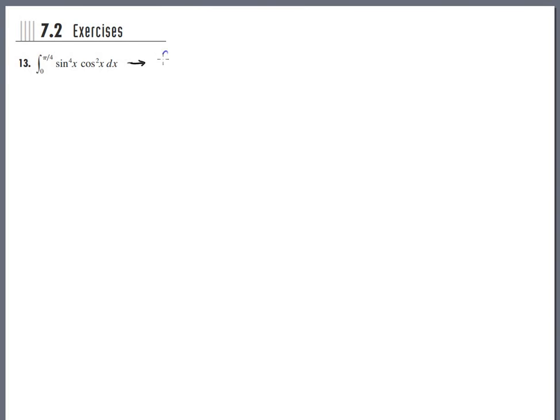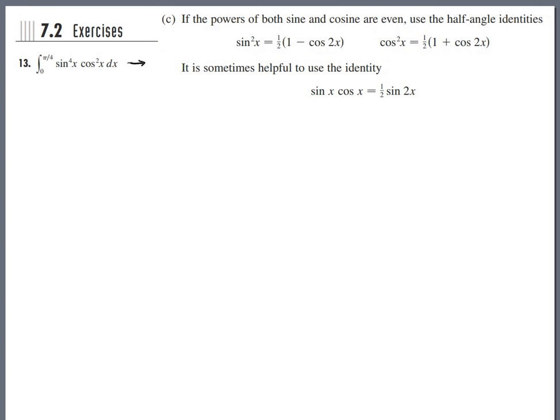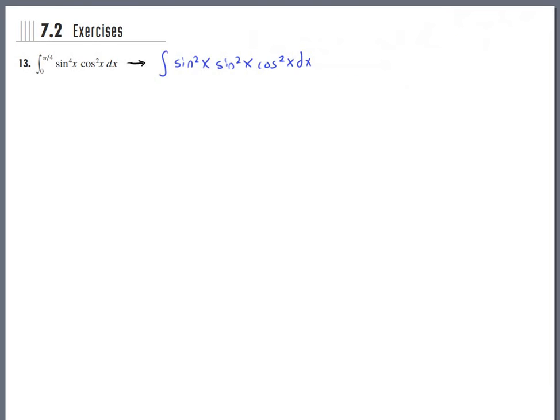So let's do that. We'll say sine squared, sine squared, cosine squared. And the reason we're doing that, of course, is that all of these things are based on sine squared and cosine squared, not fourth powers. So break it up into squareds.